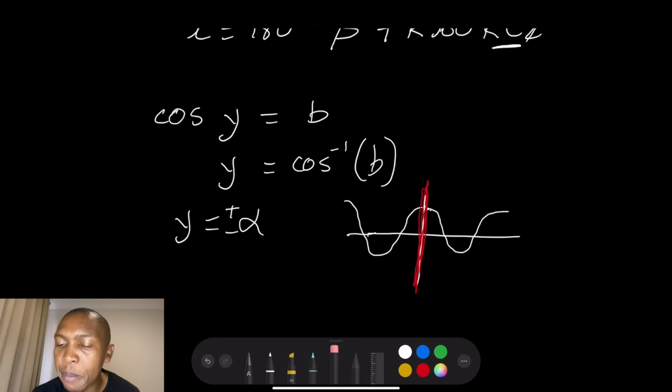Because it can either be the solution on this side, on the left-hand side, on the positive or on the negative. It's got the same value on the positive and the negative side, okay? So in this case, it's going to be plus or minus my reference angle, but I also need to remember to say plus k 360.